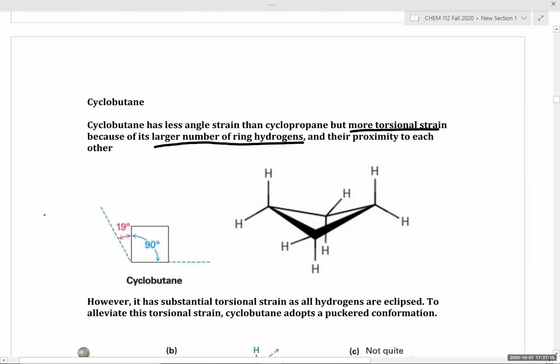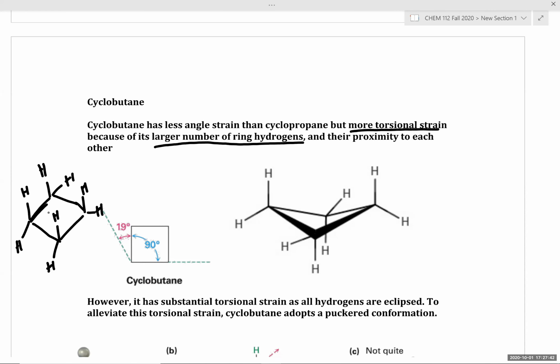So if we had perfectly flat cyclobutane, we would really be in trouble because we have more hydrogens that are locked into a conformation, and in turn we would have more eclipsing interactions. So if we had planar cyclobutane, we would end up with a large amount of torsional strain.